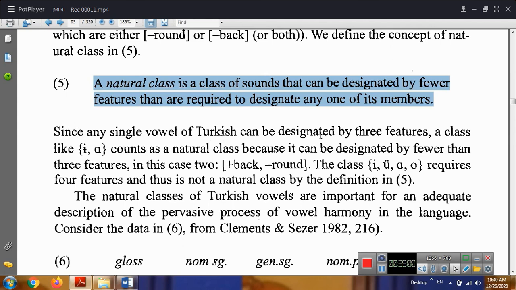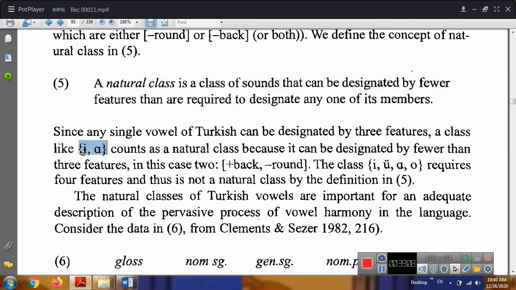Since any single vowel of Turkish can be designated by 3 features, a class like E and A counts as a natural class. Why? Because it can be designated by fewer than 3 features, in this case, plus back and minus round.